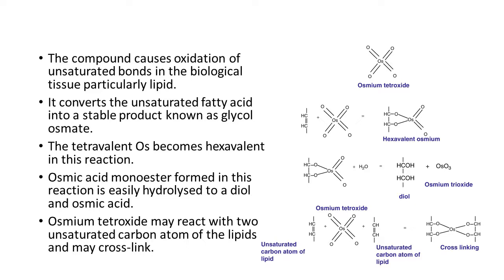It forms hexavalent osmium after the reaction. You can see here the hexavalent 6. Now the osmium oxidation number is 6. So here the osmium tetroxide is oxidizing and the unsaturated fatty acids are reduced.